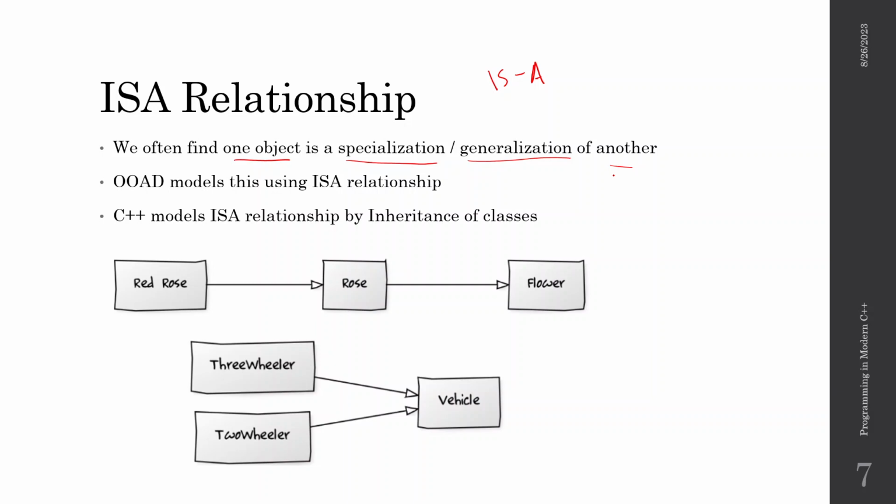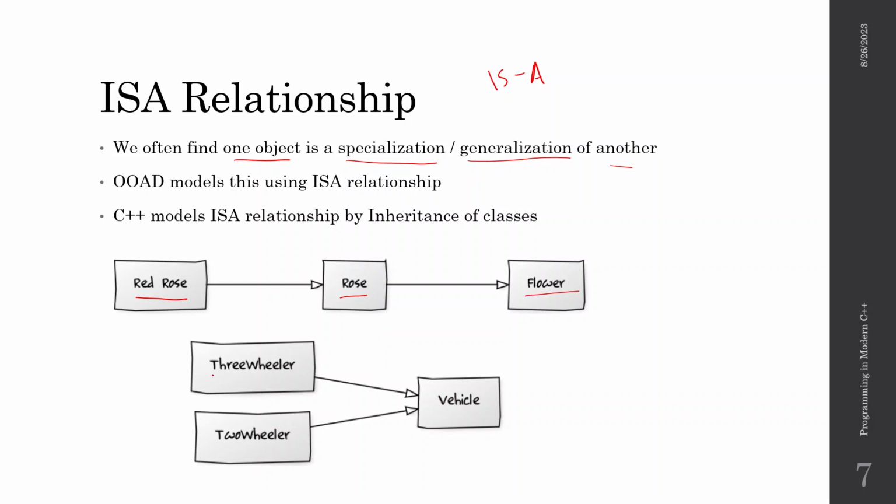When we model these real world objects in the form of classes, we often find that one object is a specialization, or you can say generalization, of another object. Okay, for example, a red rose is a specialization of a rose, and a rose is again a specialization of a flower.